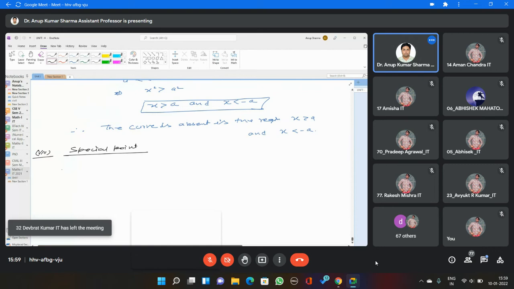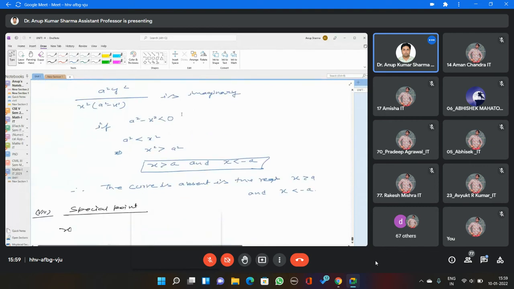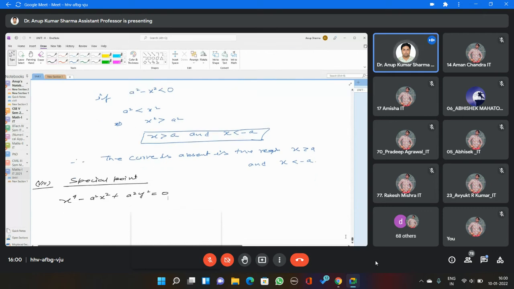Special points. So after the equation, we can write x to the power 4 minus a square x square plus a square y square is equal to 0.